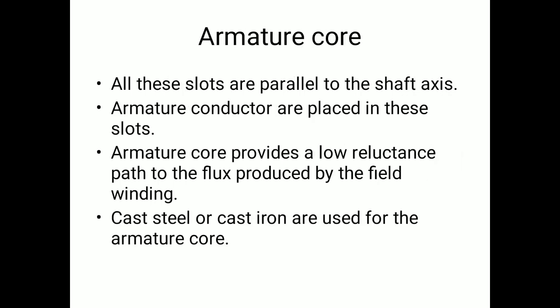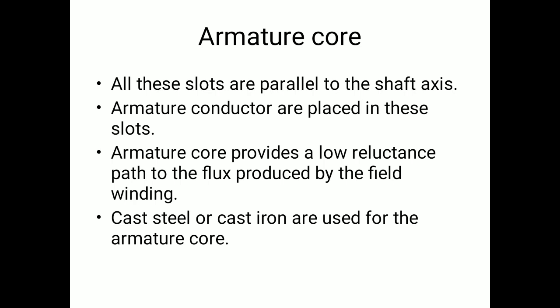Next is the armature. The armature is the rotating part of this device. There are two types of armature: one is the armature core, and the other is the armature winding. The armature core is cylindrical in shape. It is built from thin laminated steel discs, used to reduce eddy current.